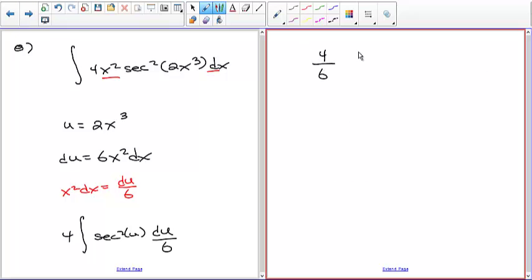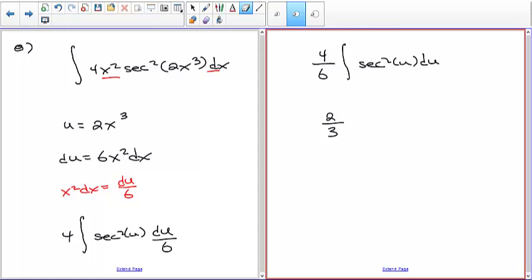So factor out this 1/6, the integral of the secant squared of u du. That's something we know. It's a tangent, and we can simplify 4/6 down to 2/3. So we get 2/3 tangent of u. Now we add the arbitrary constant, get rid of that, and then we plug u back in.